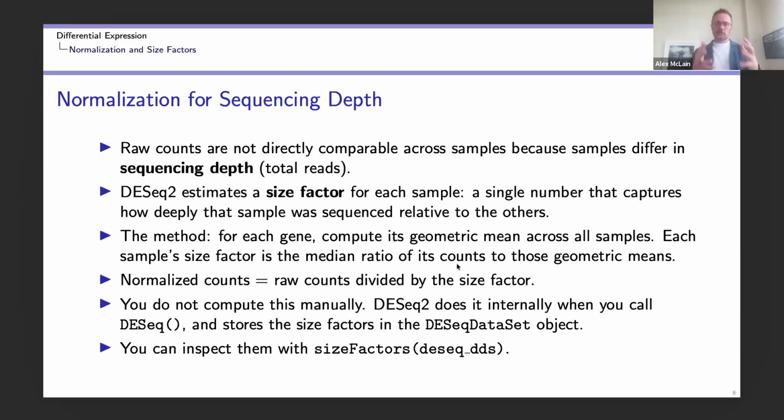With that size factor, we get the normalized counts, which are the raw counts from our matrix divided by the size factor calculated in this step. We don't do this manually. DESeq2 does it all internally. We will look at the size factors for this analysis.